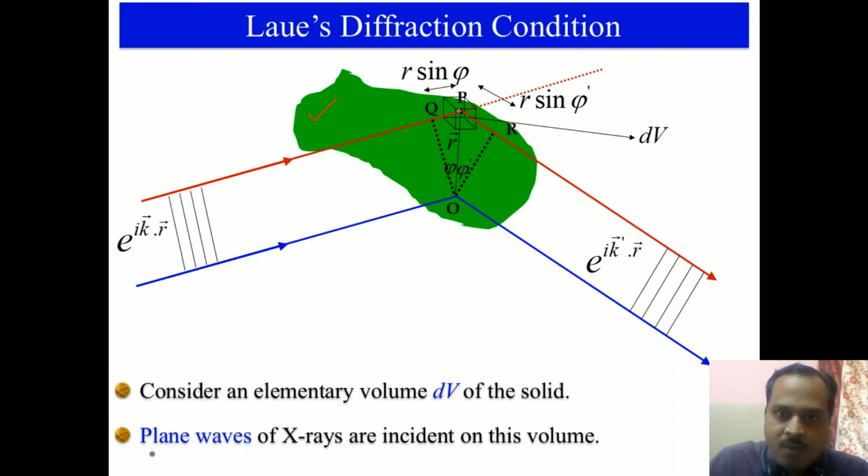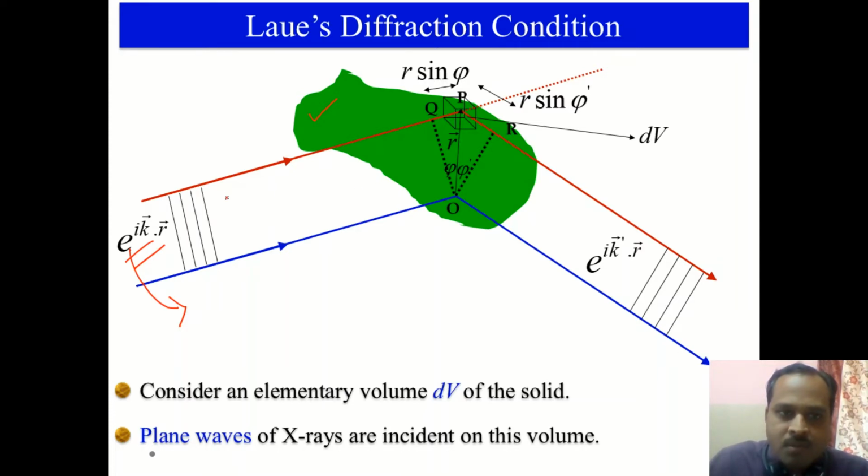This is the elementary volume inside the solid, defined with respect to this origin O. Let us make a beam of X-rays incident, which can be represented using the plane wave equation, exponential i k dot r, because the wave front of these X-rays can be constructed using plane waves, and these plane waves are incident on this particular solid.